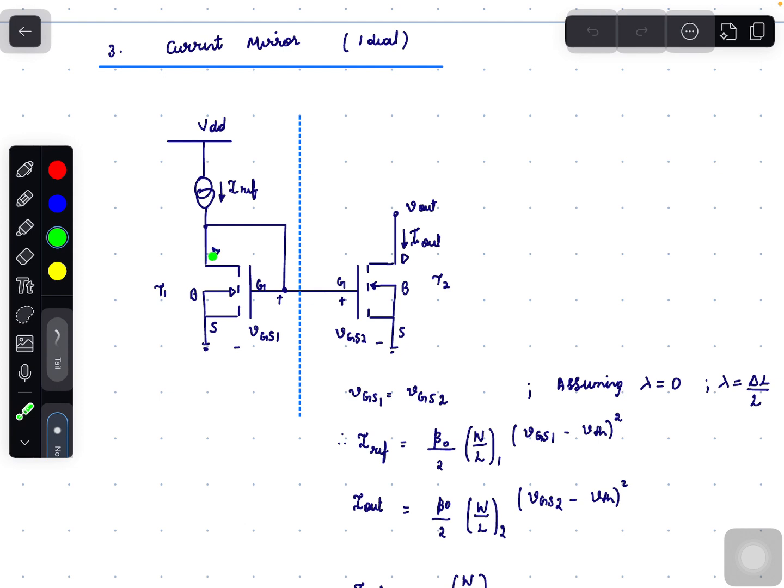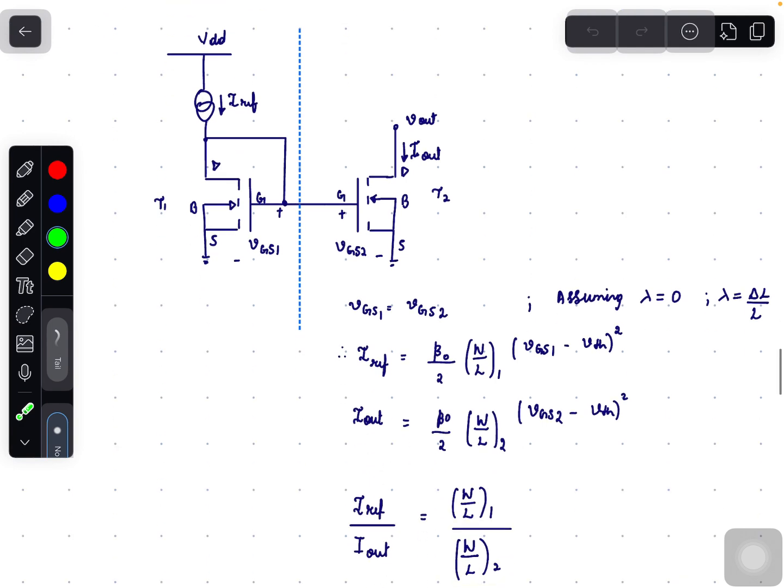The NMOS diode generates a constant voltage VGS1, which is dependent on the constant current IREF. And the gate of T1 is shorted to the gate of T2. So the VGS1 of T1 equals the VGS2 of T2. Hence, the current flowing through Iout will be mirrored to that of IREF.